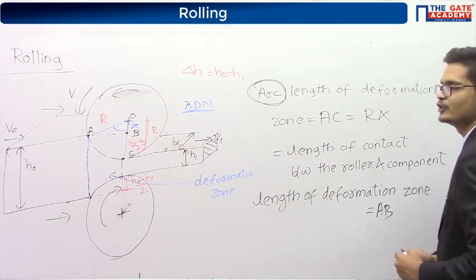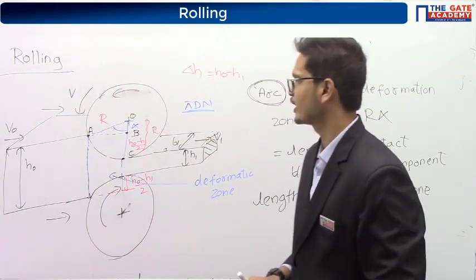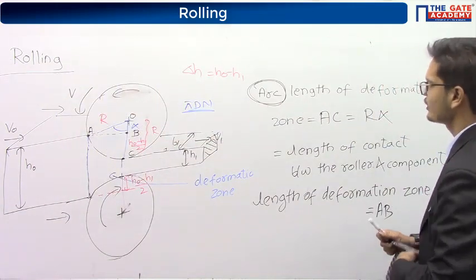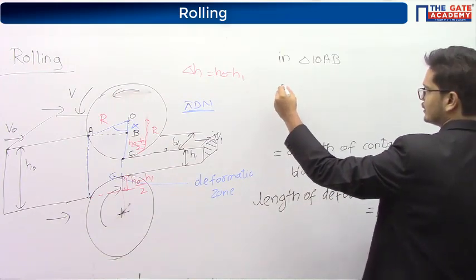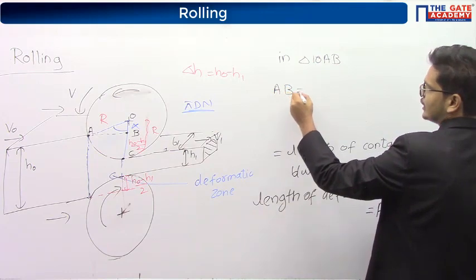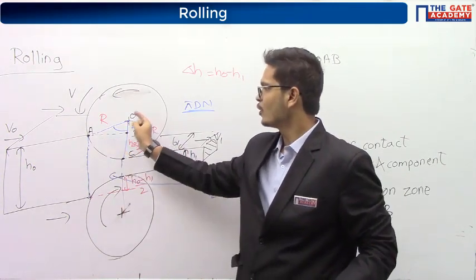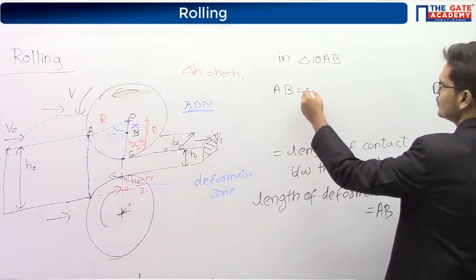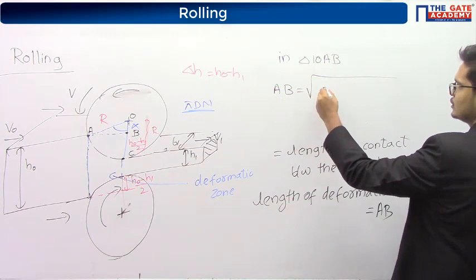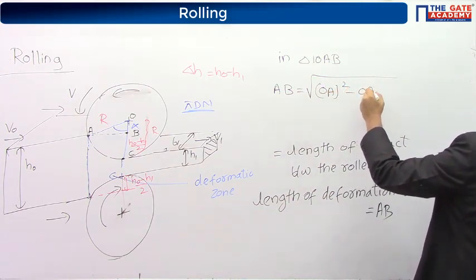How do we find the value of AB? Again, we'll go back to the triangle OAB. In triangle OAB, we'll apply Pythagoras: AB is equal to root over of OA whole square minus OB whole square.